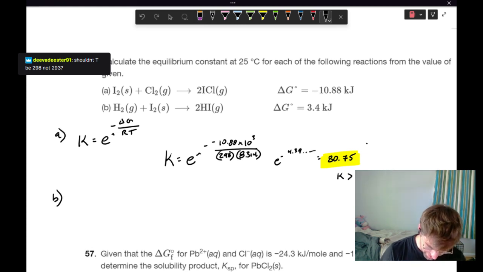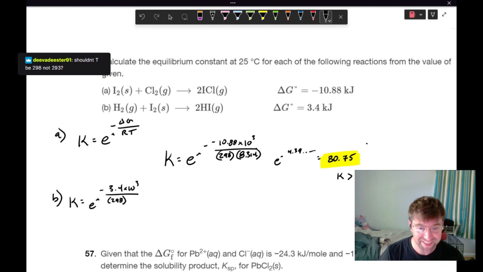All right, let's see if we can amend our mistakes for the next one. And we've got e raised to the negative 3.4 times 10 to the 3, 298 as our standard temperature, and 8.314 as our R value.